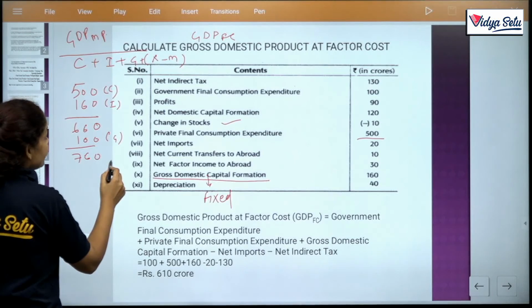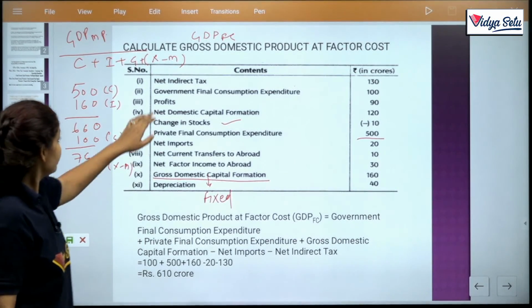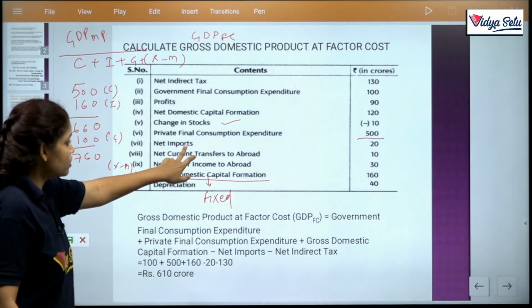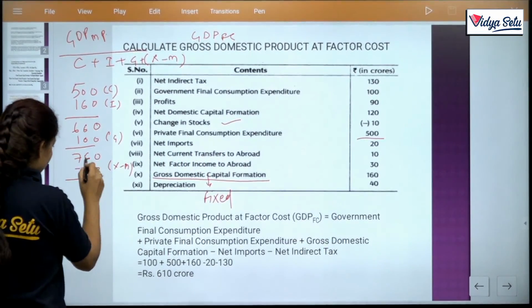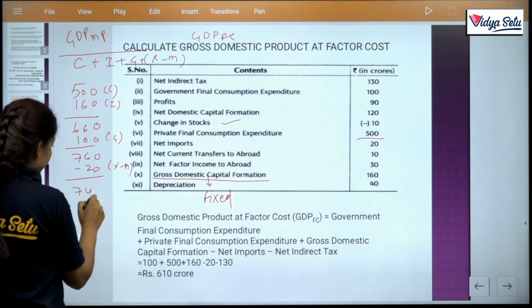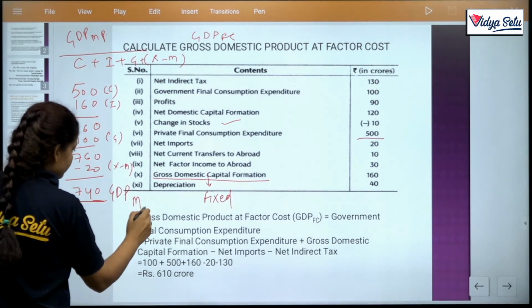Now we have to add X minus M. Where is export minus import? Net imports are minus 20. So there is 740. This is your GDP-MP.